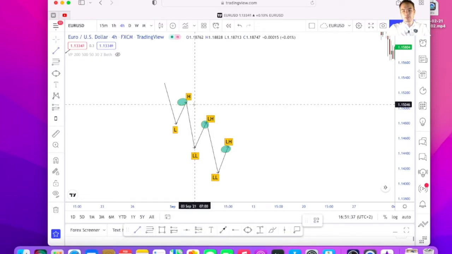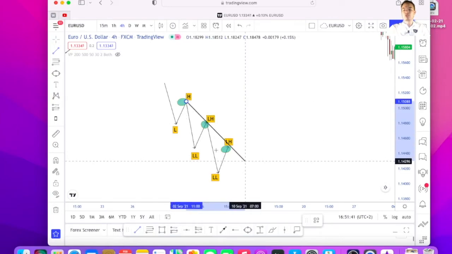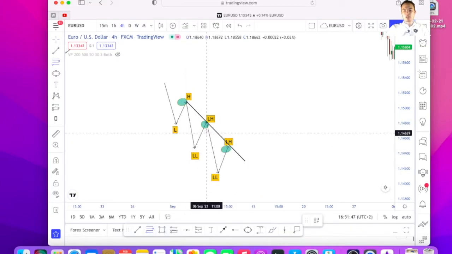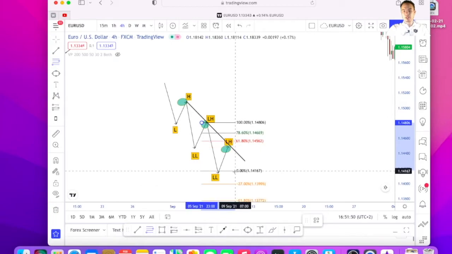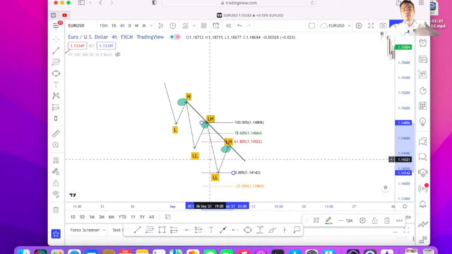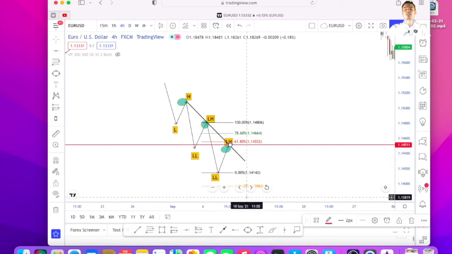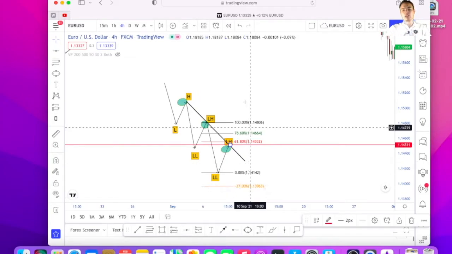Again, just simple. What I'm teaching you guys is trend line. The rejection of the trend line, that's the second confirmation. Third confirmation can be your Fibonacci. Fourth can be candlestick. Fifth can be support and resistance. So that's basically an example of a downtrend.